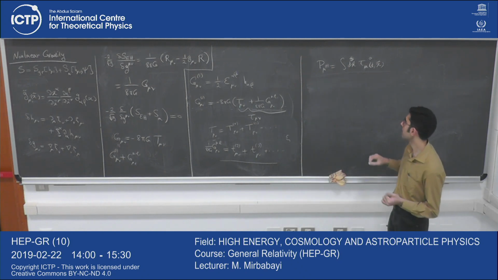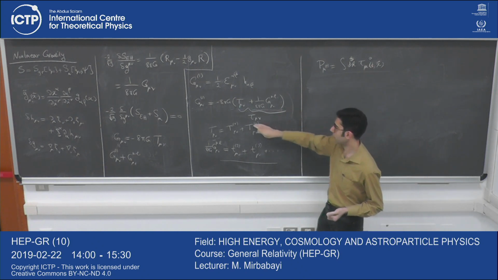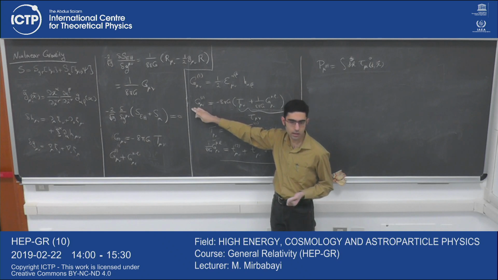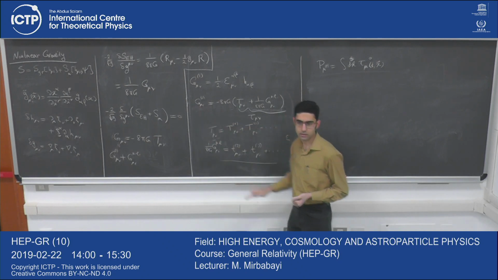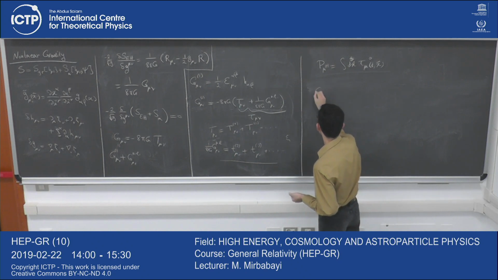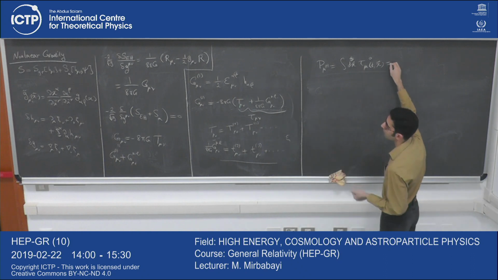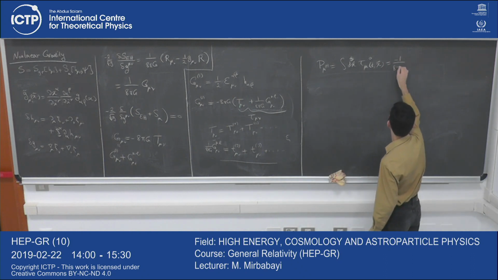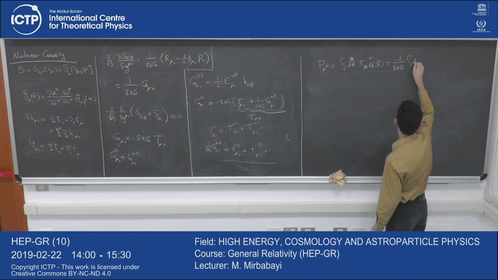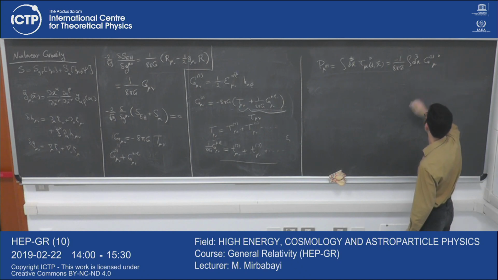And the way to understand it is that, as we see on the equations of motion, this tau mu nu is related to the linearized Einstein tensor. Therefore in here I can replace this expression by minus 1 over 8 pi G integral d3x times G1 0 mu.